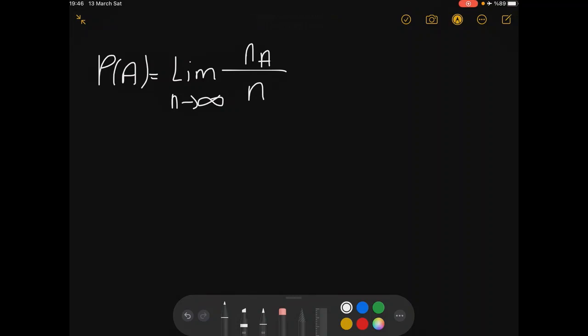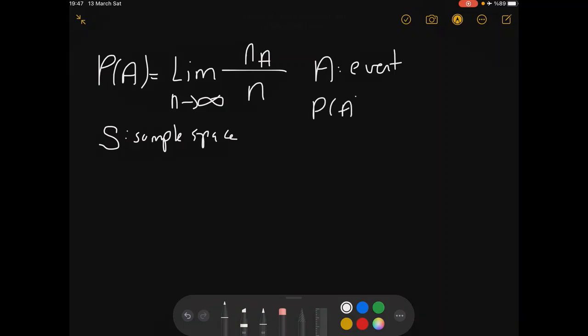Okay, so the thing is, when we write down the probabilities here, for example, you will have your sample space. S corresponds to the sample space, and A corresponds to that particular event, and we're talking about the probability of A here.